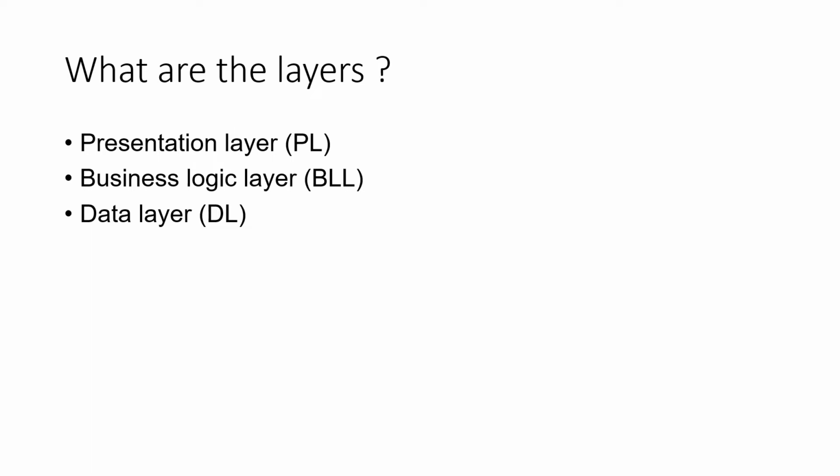Whenever we see any software related GUI on our computer window, it is as a result of the presentation. The functioning of the software is because of the business logic layer, and the information that is stored and managed is because of the data layer.